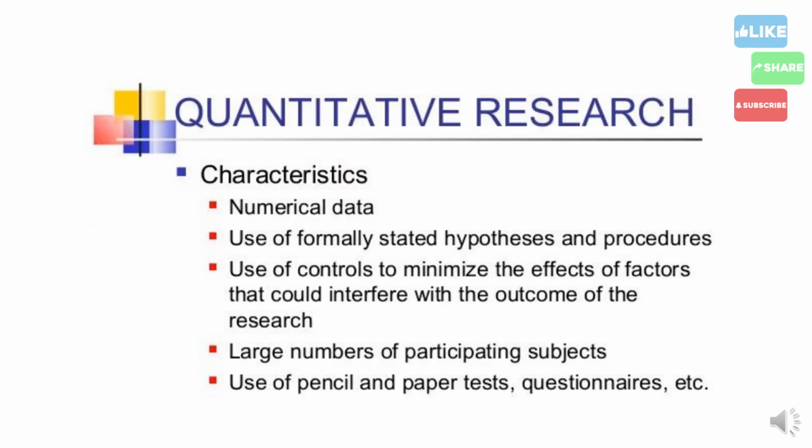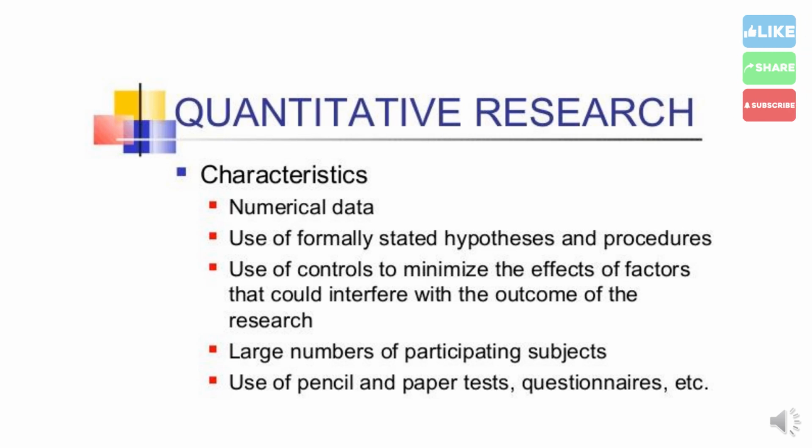So, what is quantitative research? Its characteristics include numerical data. It uses formally stated hypotheses and procedures, and use of control to minimize the effect of factors that could interfere with the outcome of the research.